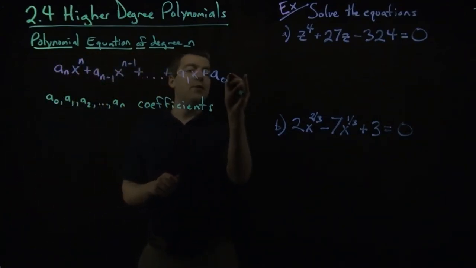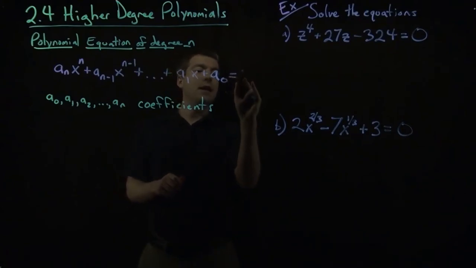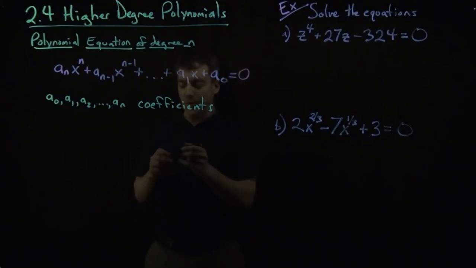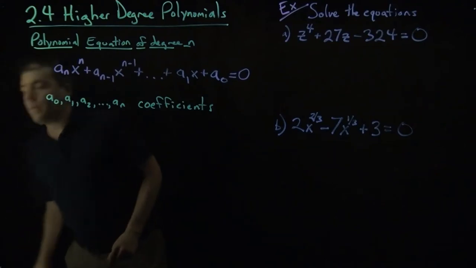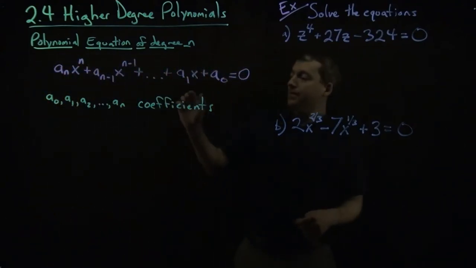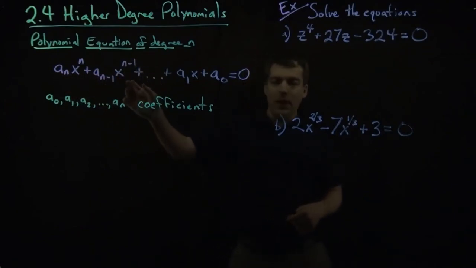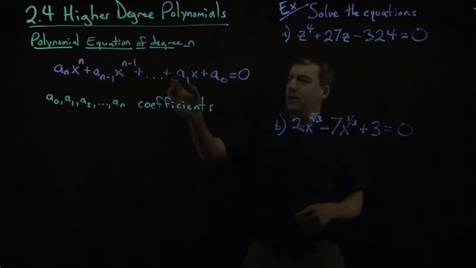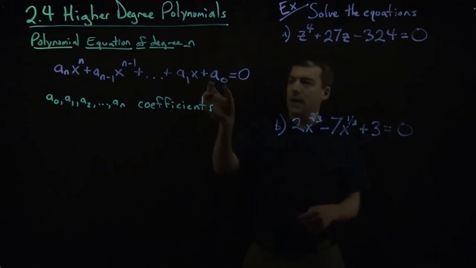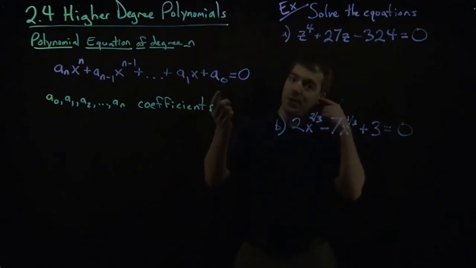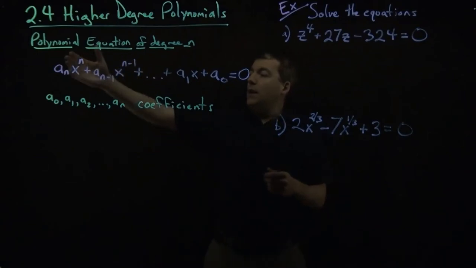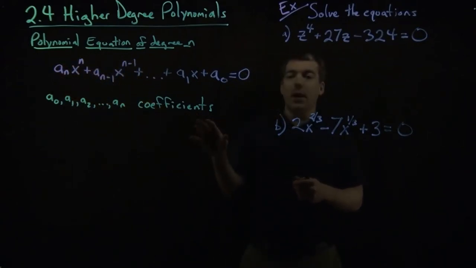We're talking about an equation, so we've got to have an equal sign, it has to be equal to 0. These a sub n, a sub n minus 1, a sub n minus 2, and so on, down to a1 and a naught, are the coefficients of the polynomial.